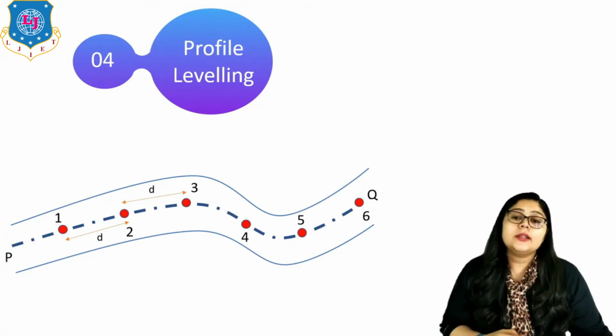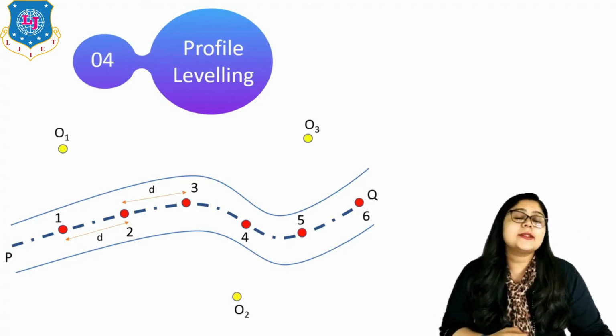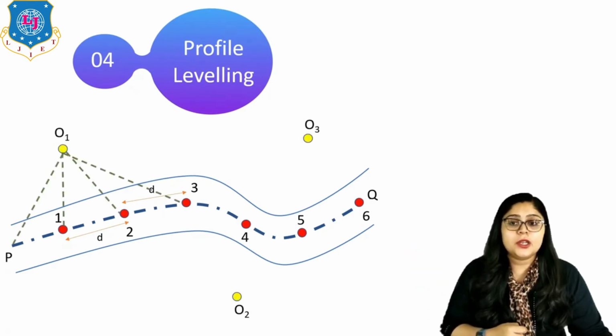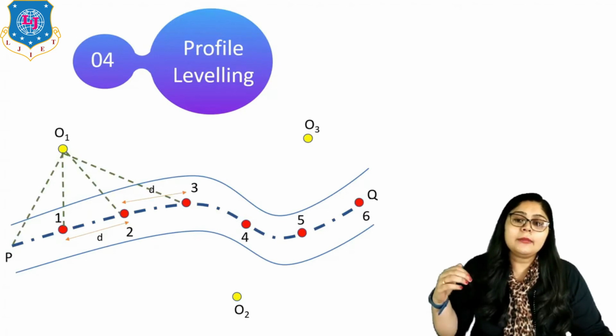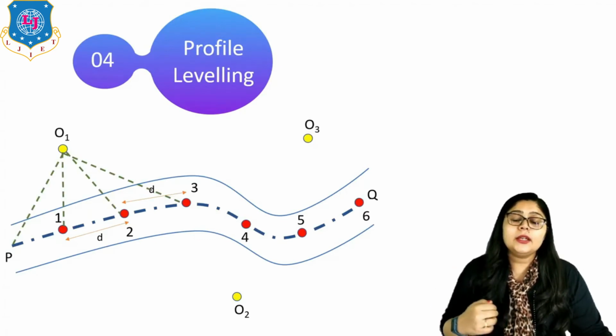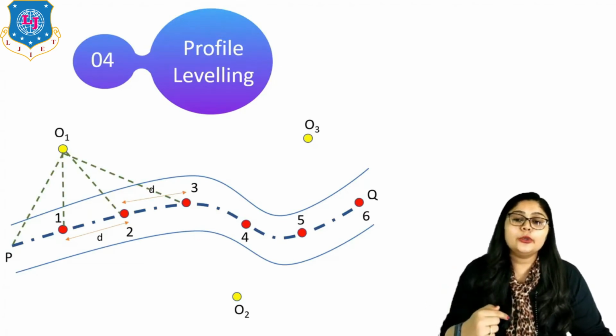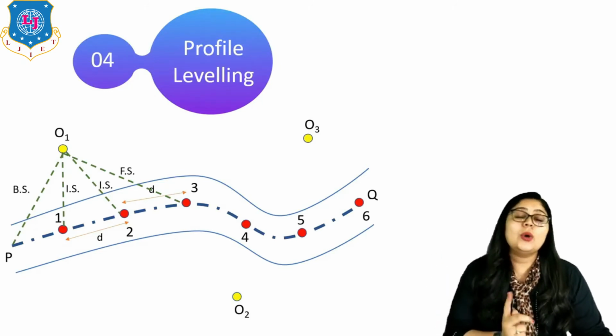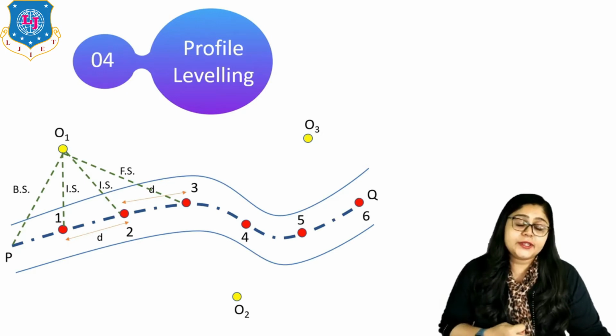So here the distance and the height difference are calculated by putting these 3 different setups. From O1 I am trying to get the readings in terms of P, 1, 2 and 3 points, right? Here this is my BS, these 2 are IS and the last is the FS.